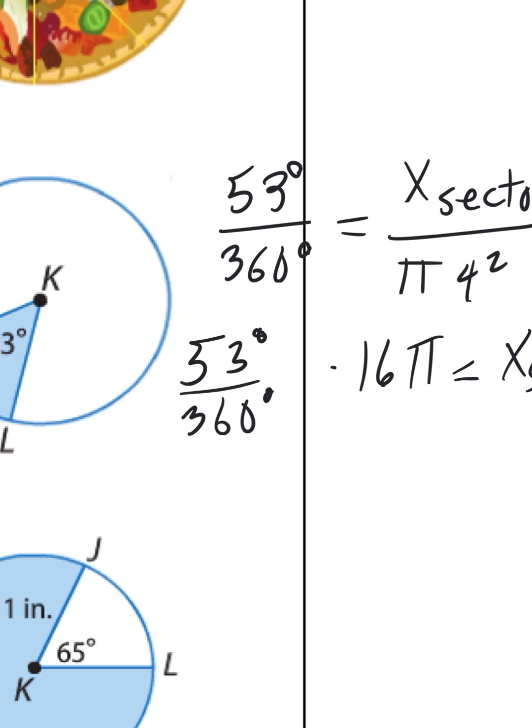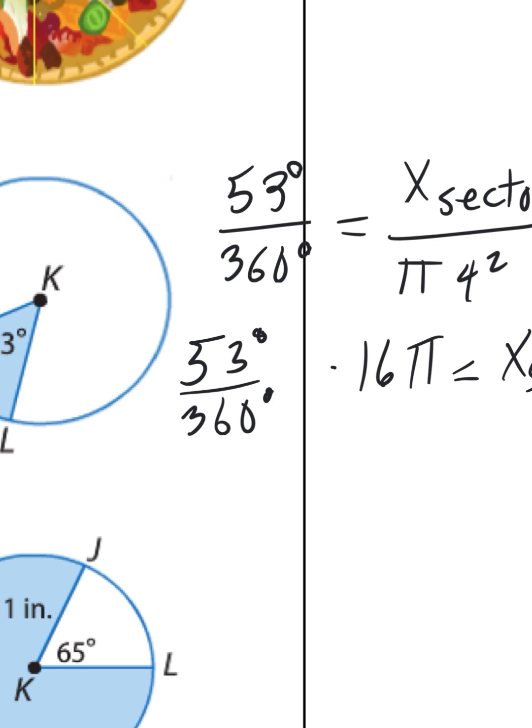Okay? So 53 divided by 360, what's that in your calculator? Try it. See what happens. Okay, it's a small number, right? Multiply it by 16 pi. 7.4?